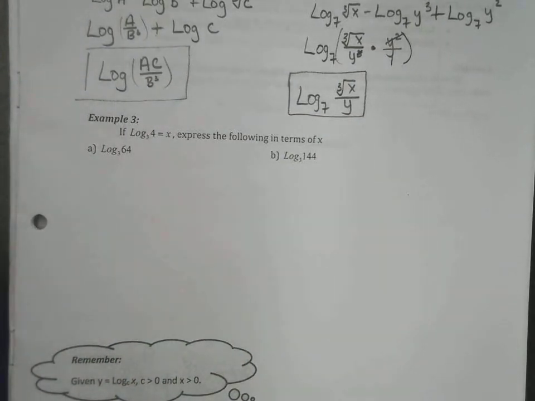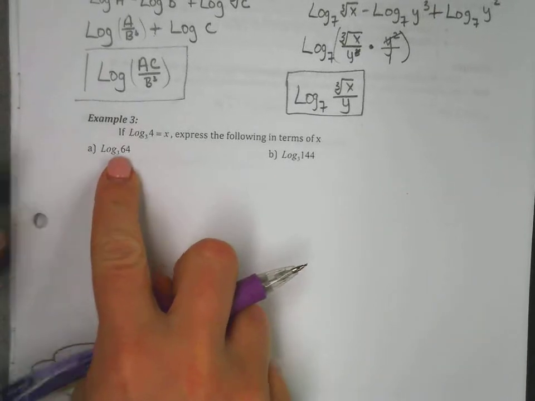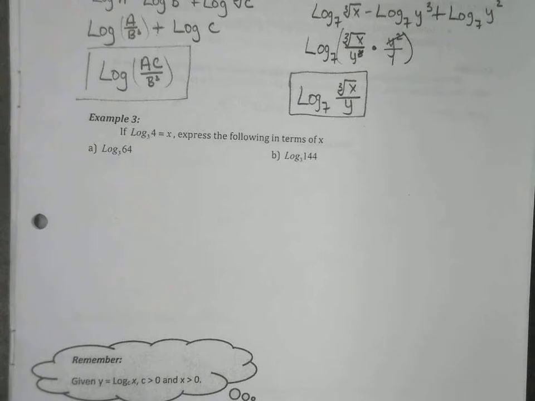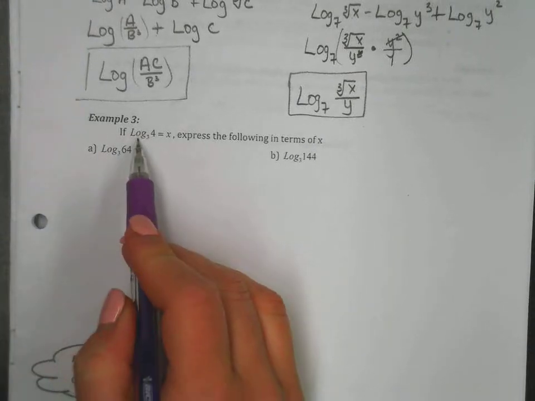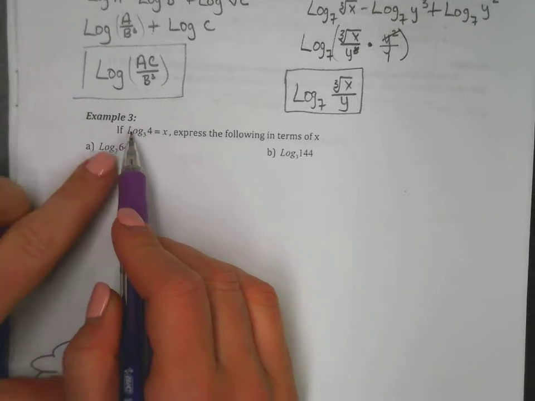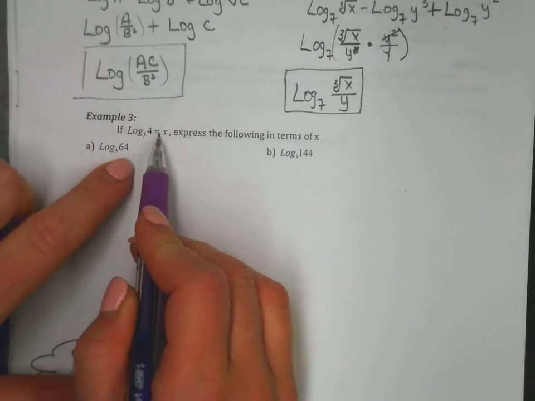All right, example 3. If log base 3 of 4 is equal to x, express the following in terms of x. So I want to write this as an expression of x as opposed to evaluate it. So it tells me that log base 3 of 4 is equivalent to x.